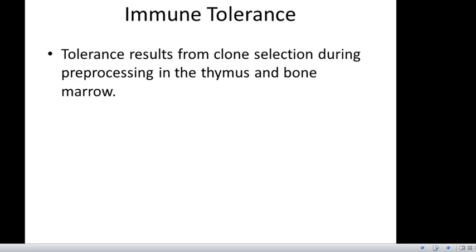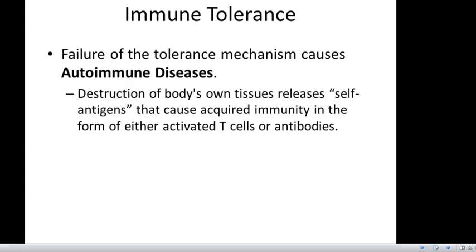The tolerance results from clonal selection during pre-processing in the thymus and bone marrow. It's the failure of the tolerance mechanism that causes the autoimmune diseases. The destruction of the body's own tissues releases self-antigens that cause acquired immunity in the form of either activated T cells or antibodies.